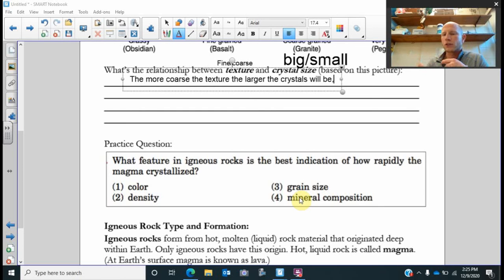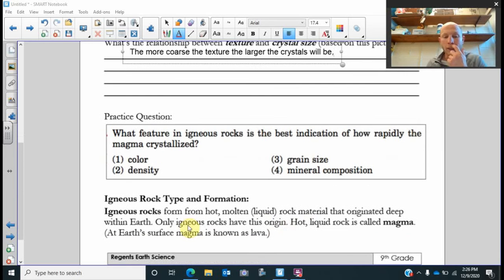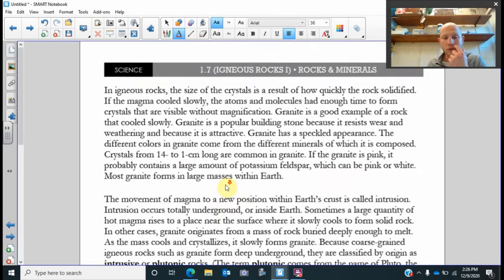The law of conservation of mass says they won't disappear. The minerals will still be there, but in liquid form, not solid form. So it doesn't have anything to do with mineral composition. It's actually the grain size. The bigger the grain size, the longer it has been cooling. And so right here gives you a nice igneous rock definition.